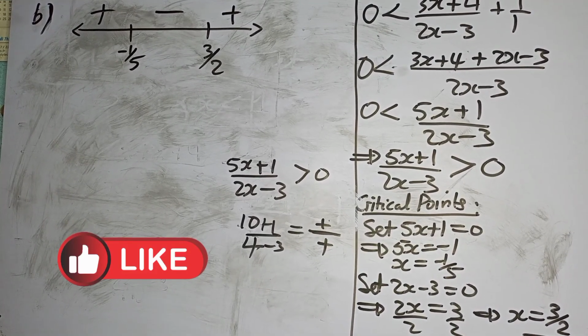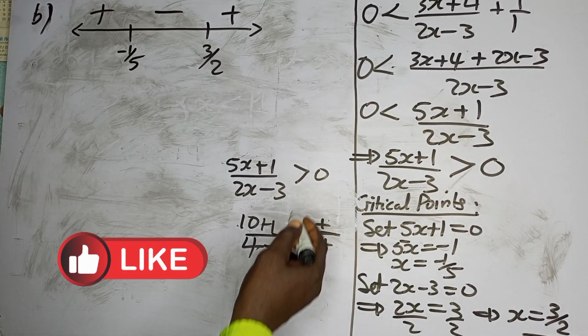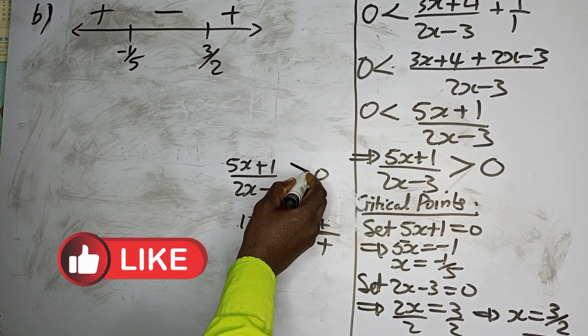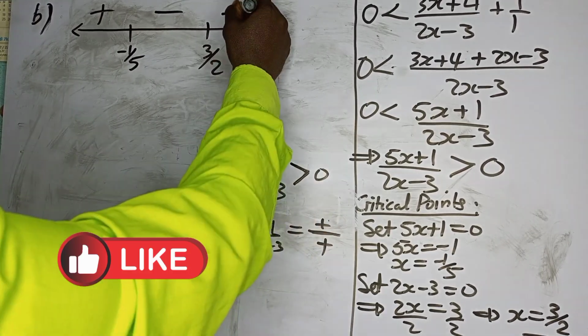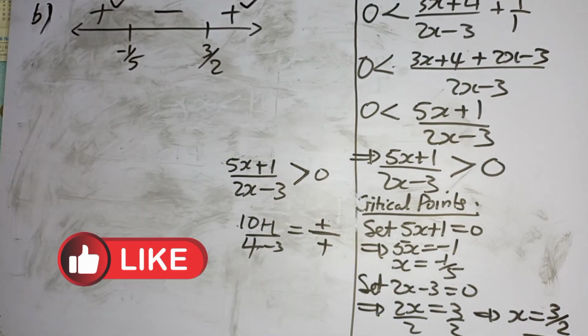Okay, so which of the three zones is going to give our solution? We'll see again that here we have greater than 0. Greater than 0 means positive. So our solution lies here or here.